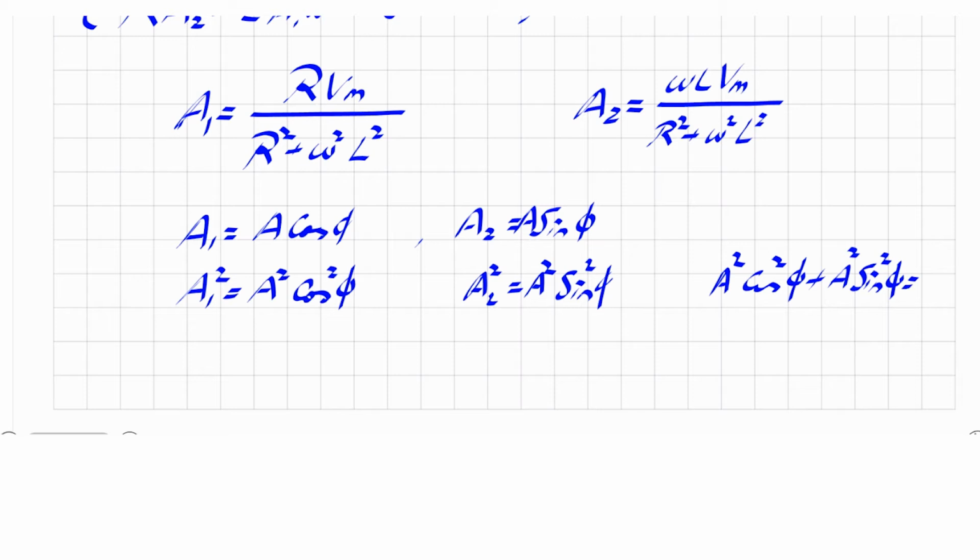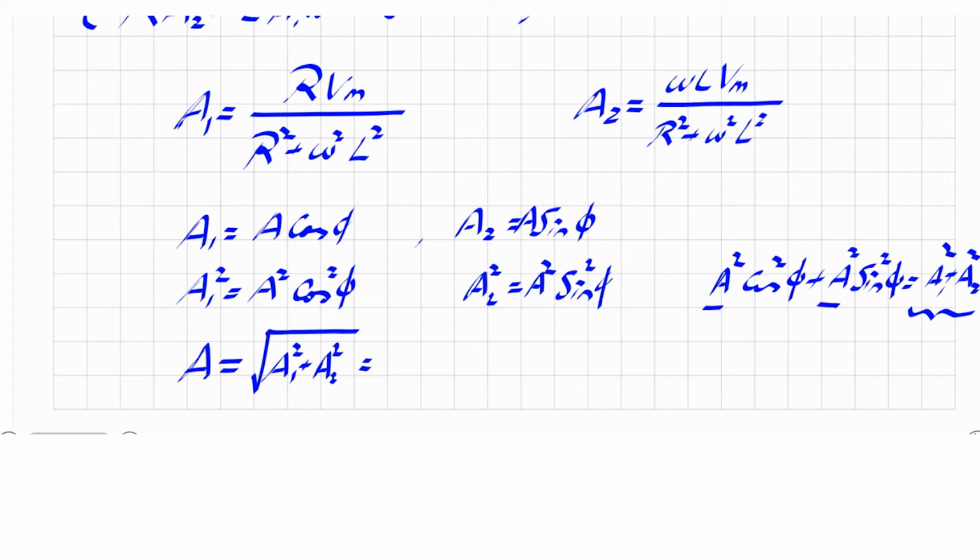That is equal to A1 squared plus A2 squared. Now you see, we know A1 and A2 already. And we also notice that if I factor the A out, we end up with cosine squared phi plus sine squared phi, and that is 1. Therefore, we can find A is equal to the square root of A1 squared plus A2 squared.